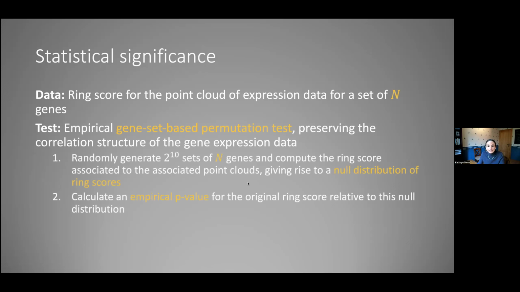We randomly generate 2 to the 10th sets of N genes and compute the associated ring score. That gives us a null distribution of the ring scores. With respect to that, we can compute an empirical p-value for the original ring score to see whether it actually could be significant. So that's how we detect and then measure the statistical significance of circular structure in point clouds in general, but in point clouds of expression data in particular.